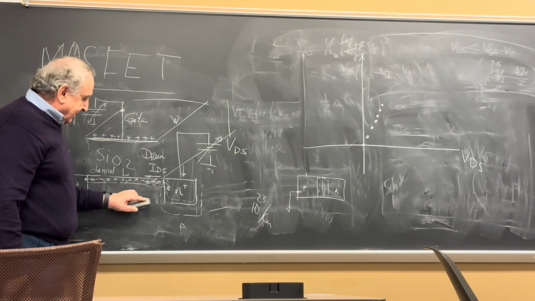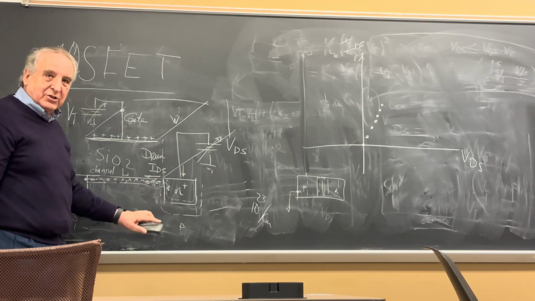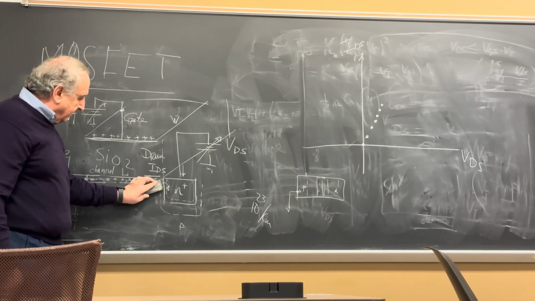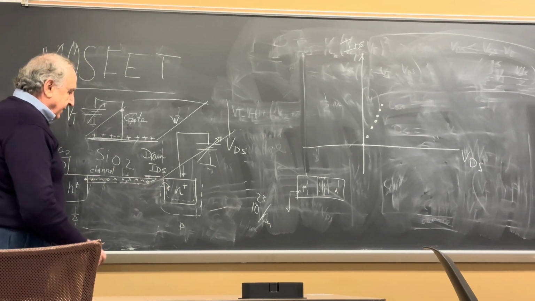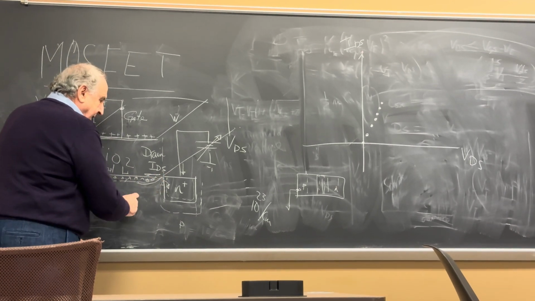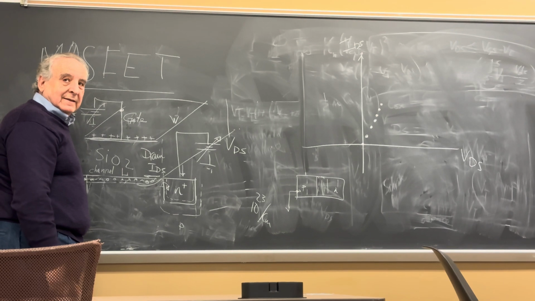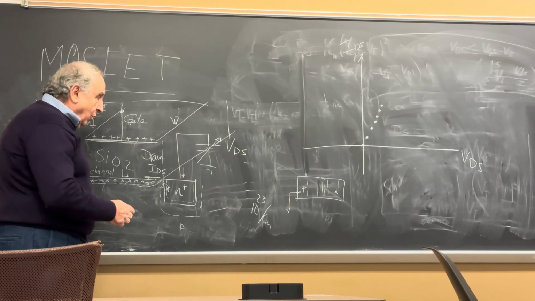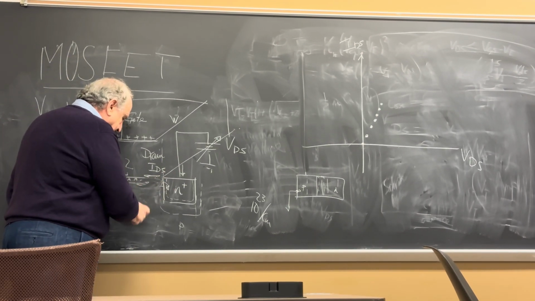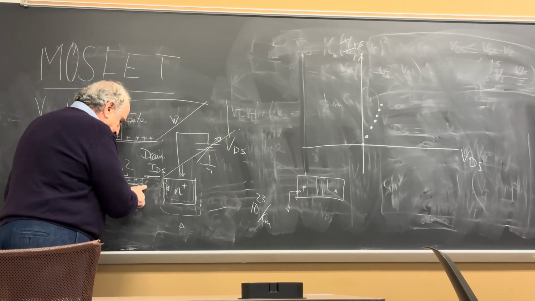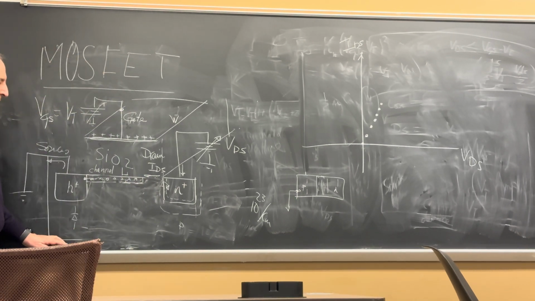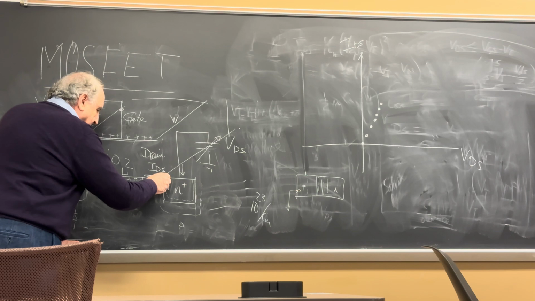This wider depletion region pushes against the channel, like this, and pinches it off. Then you go to more VDS, it pinches it off. Now there's no channel connection from one end to the other.